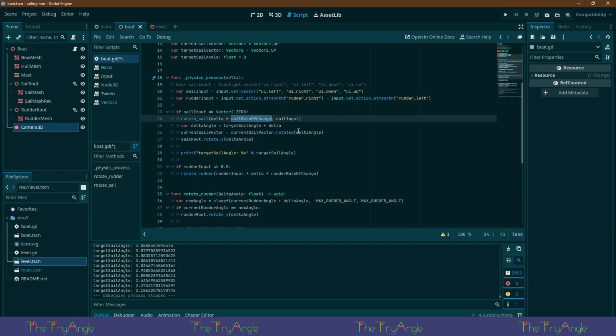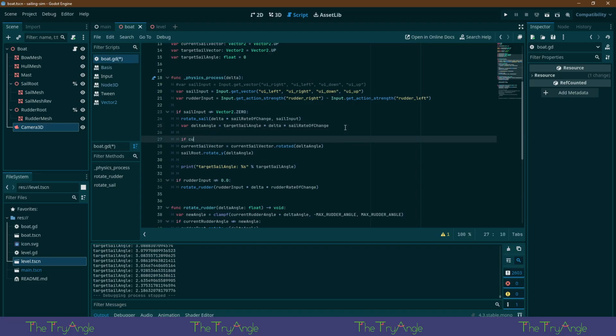let's see, all right, we're going to rotate, and then we have our fixed angle. We're going to get the product of that. We're going to rotate our current vector.